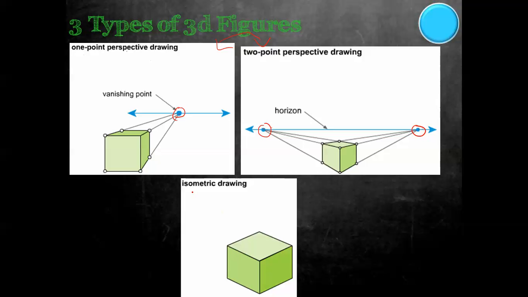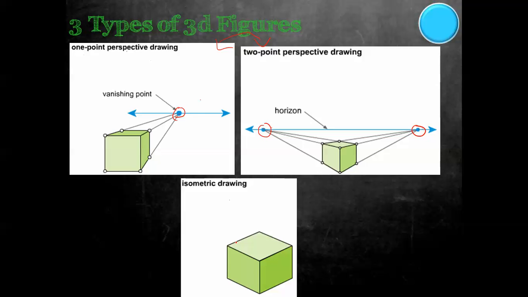Now, an isometric drawing is not drawn from any type of perspective. It's usually just a corner view. The main difference between a perspective drawing and an isometric drawing is that normally in an isometric drawing, the right angles that are drawn are 20 degrees and 160 degrees.